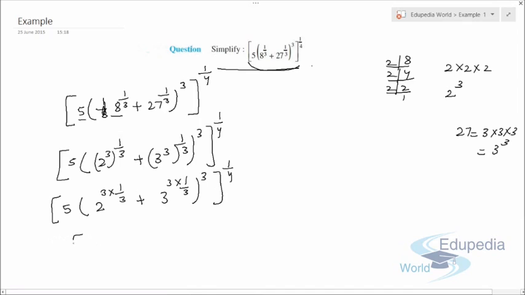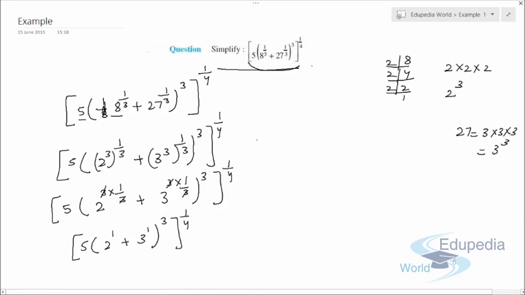Now in this part the power 3 will get cancelled out, it will become 2 raised to power 1 plus, again the power will cancel out, it will become 3 raised to power 1, bracket close power 3, again bracket close raised to power 1 by 4.